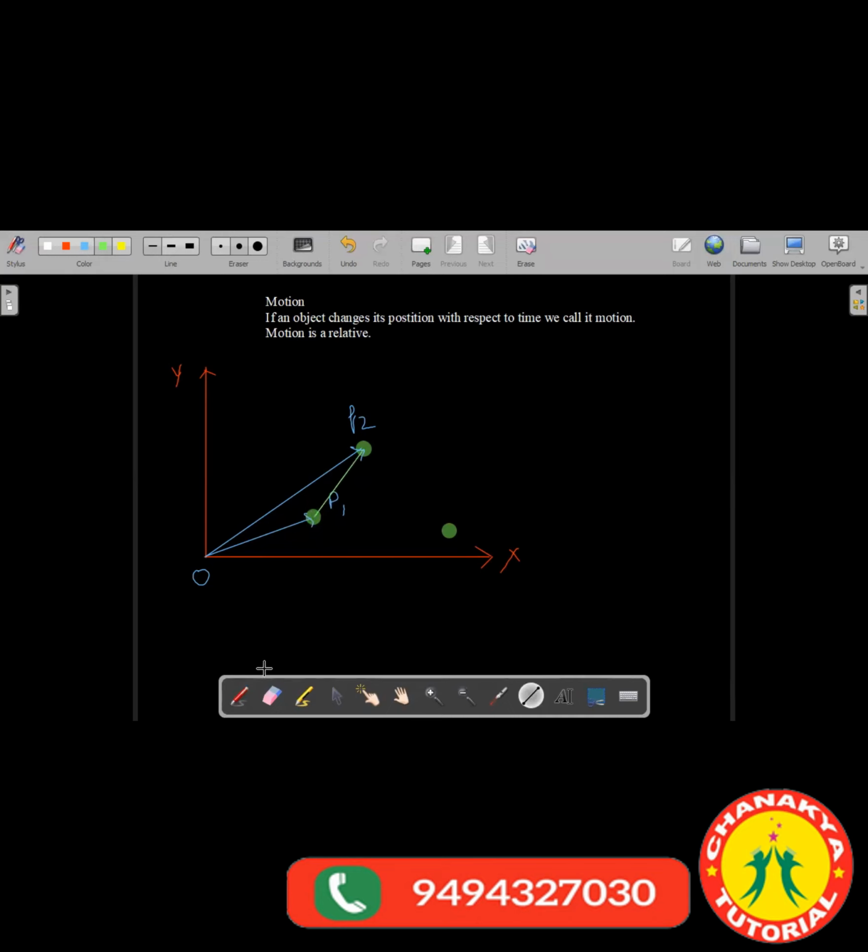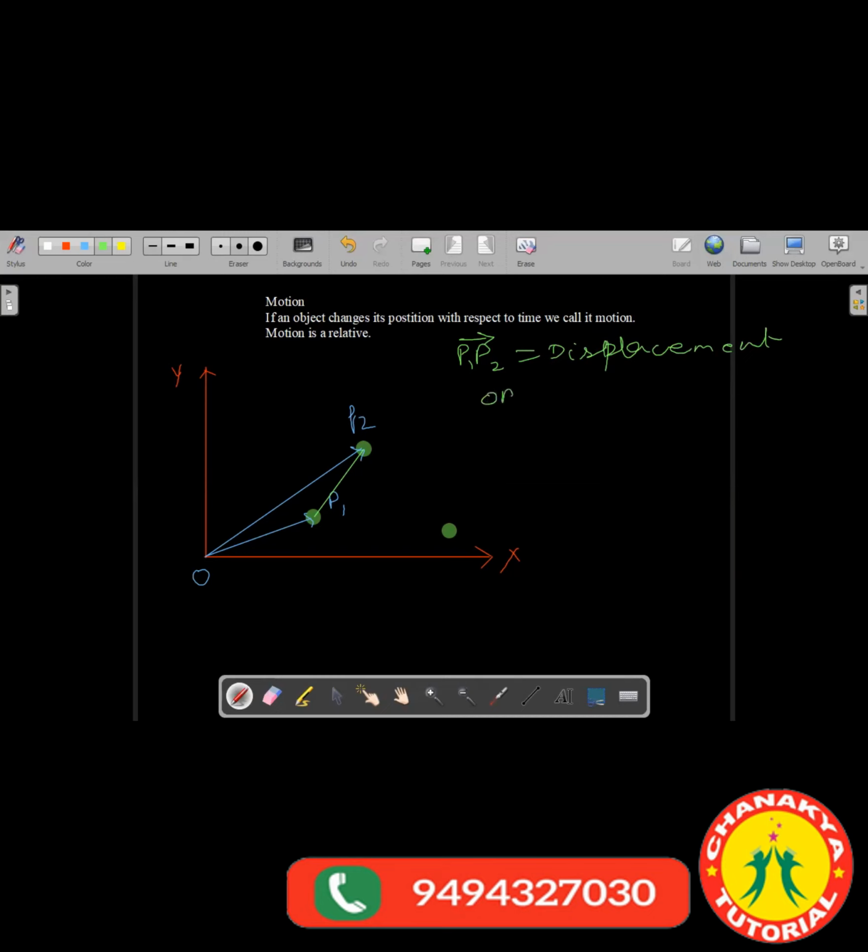This I can represent as P1P2. So P1P2 is the displacement, represented by this arrow.